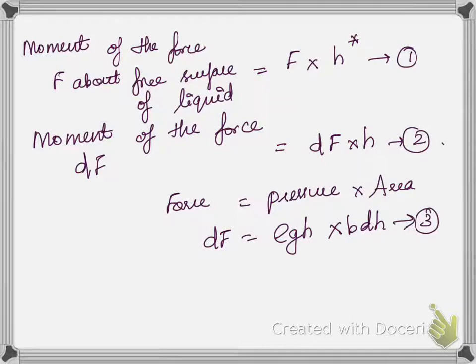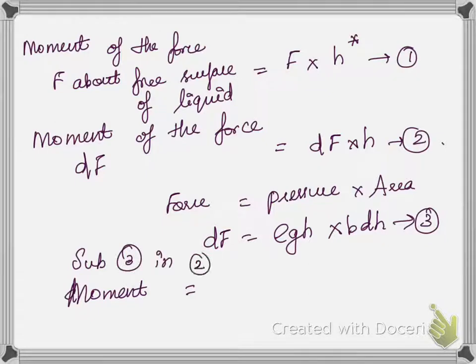So dF is equal to rho g H into B into dH. Now the moment for the small strip is equal to, instead of dF, I am substituting rho g H into B dH, into H.